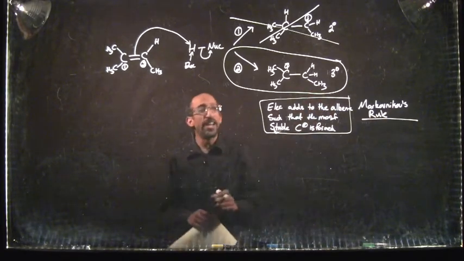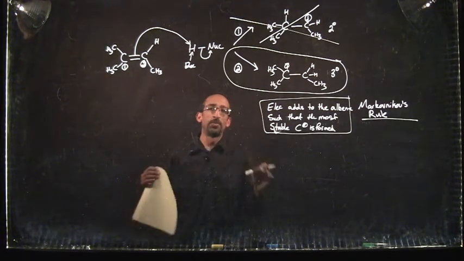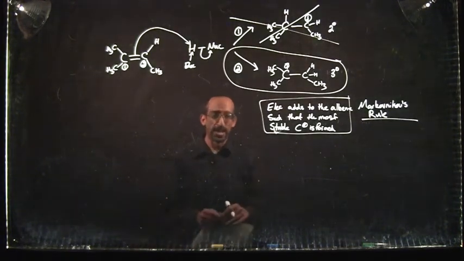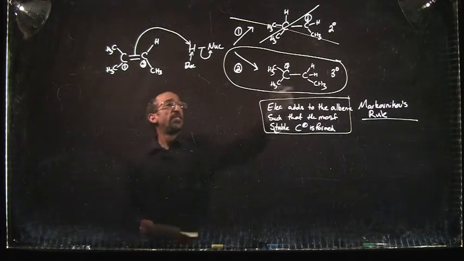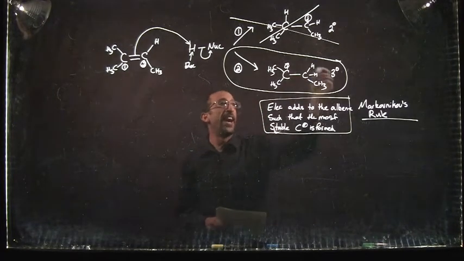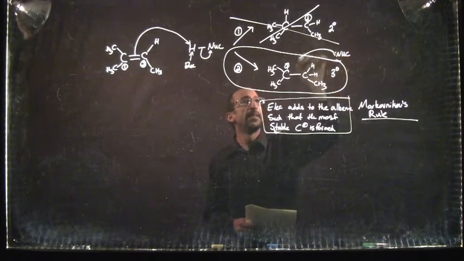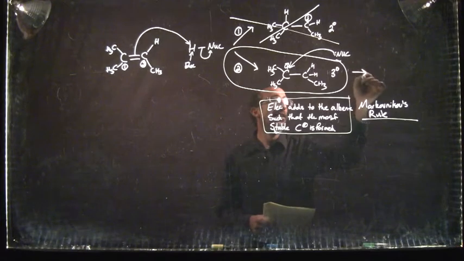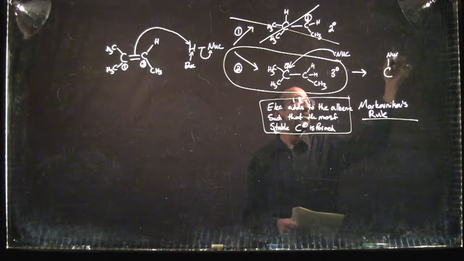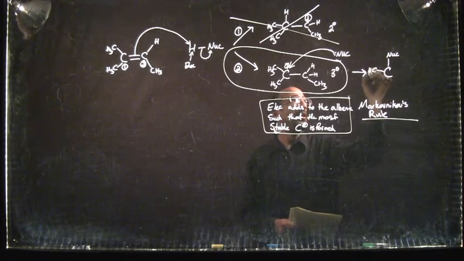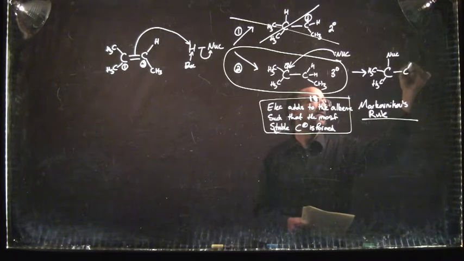And so we'll see that Markovnikov's rule is going to control where different species react during electrophilic addition. So, since this is now what we formed, we know that our nucleophile will come along, attach to that carbon, and the overall process will give us a molecule that looks like this.